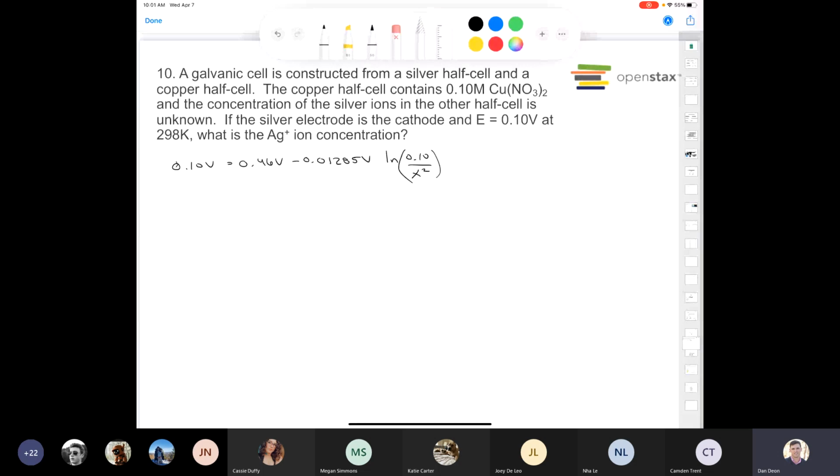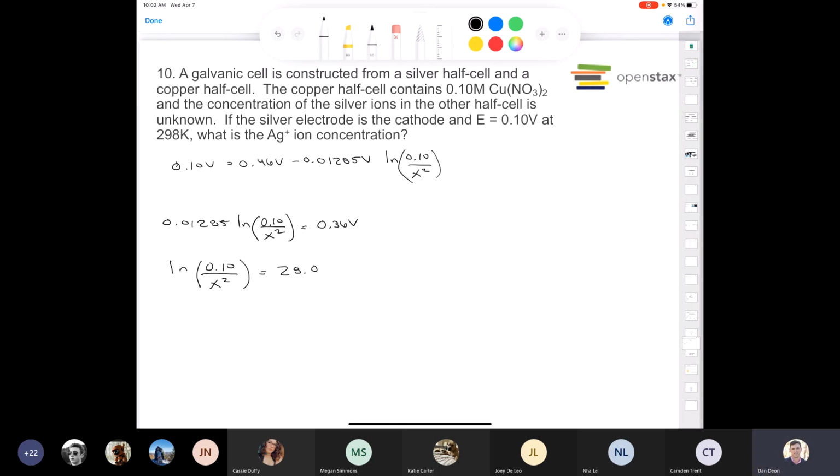So I end up with 0.01285 volts multiplied by the ln of 0.10 over x squared being equal to 0.36 volts. So I just added this to this side, and then I subtracted this from the 0.46 volts is all I did. Then I'm going to divide everything by 0.01285, and I get that the ln of 0.10 over x squared is equal to 28.0.